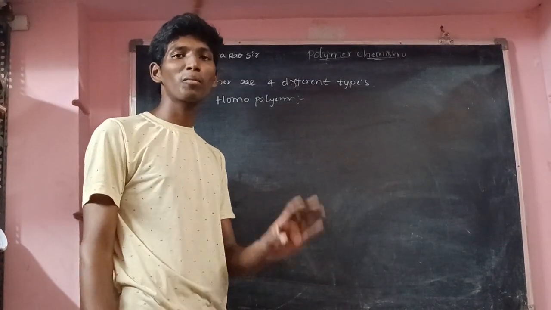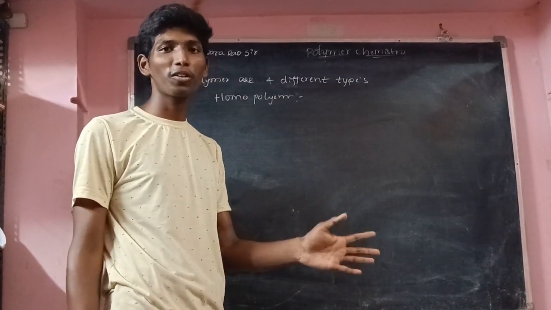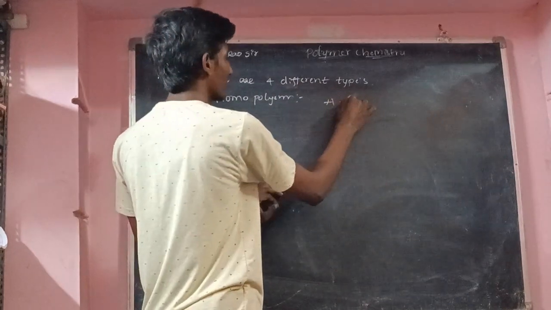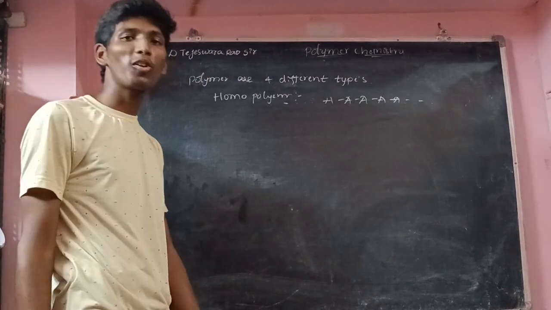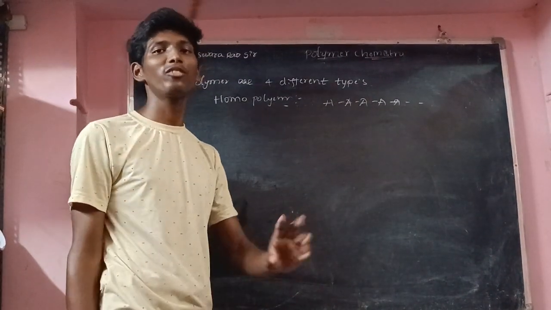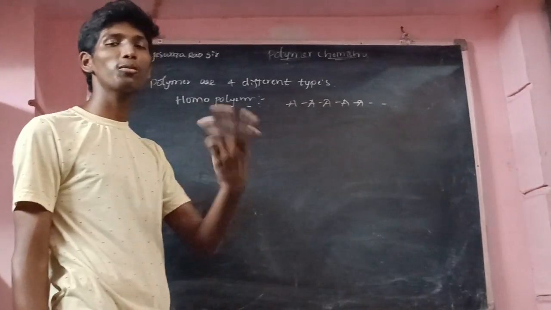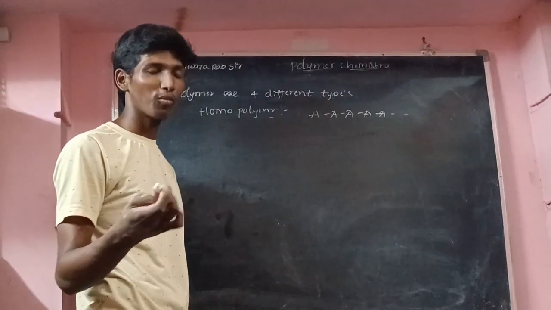A homopolymer is a polymer made with only a single type of monomer unit, and a heteropolymer is a polymer made with more than two different types of monomer units.